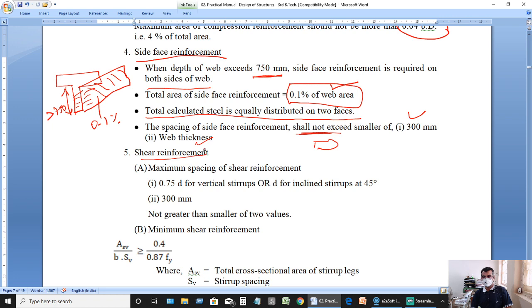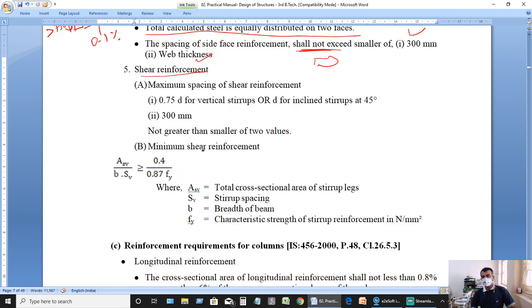Now shear reinforcement: the maximum spacing of the shear reinforcement is 0.75 d for vertical stirrups, or 300 mm, whichever is smaller.